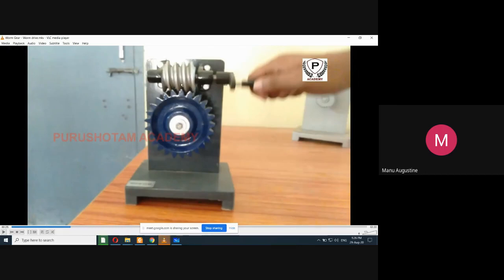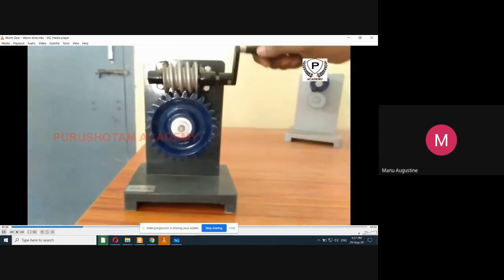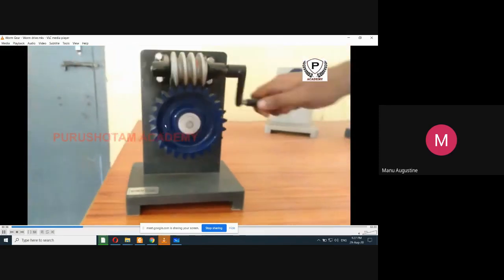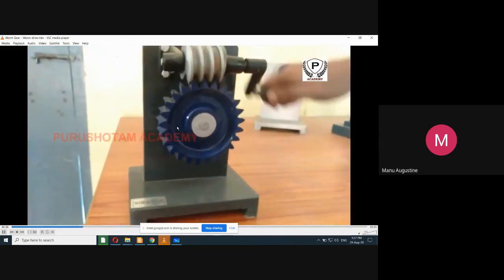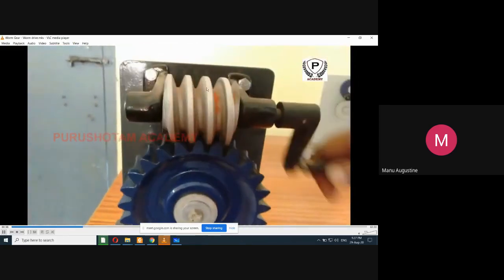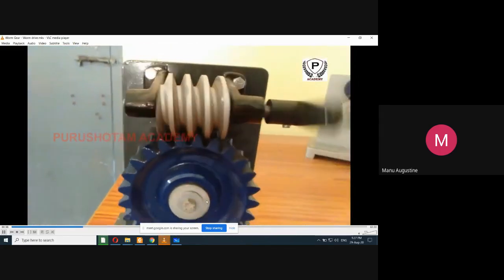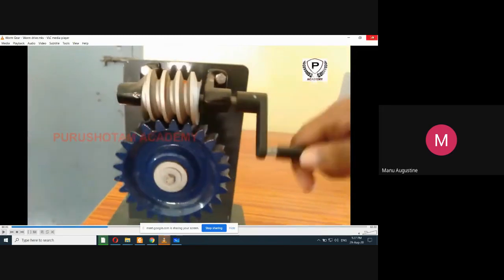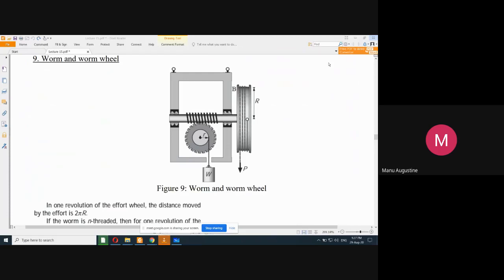And when you rotate the screw-like arrangement, the teeth of the screw are in mesh with the teeth of the gear. So when you start rotating the worm in one direction, it enables the rotation of the gear also. So this is the basic concept of a worm. This one is the worm, this is the worm wheel. Now, if this is understood, then let us go to another video.